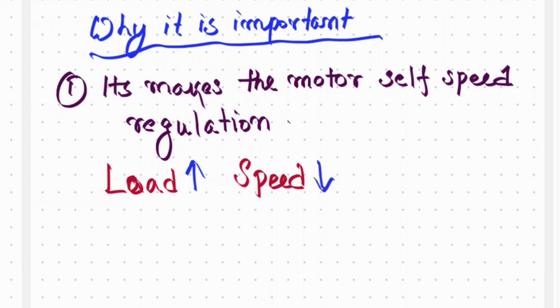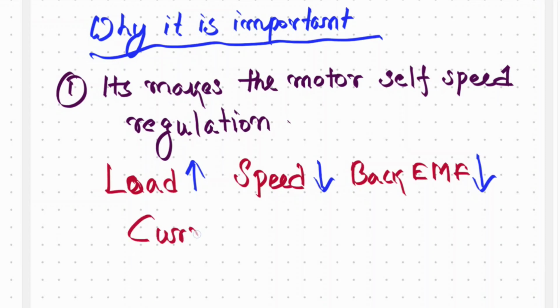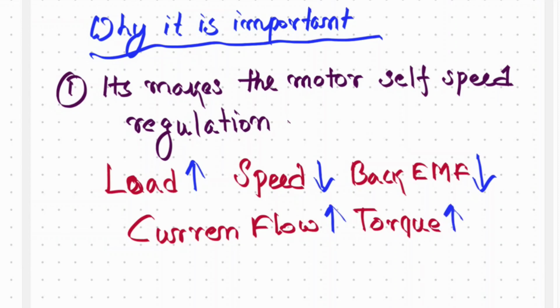When the speed decreases, the back EMF also decreases. If the back EMF decreases, then the current flow increases. If the current increases, the torque will also increase. If the torque increases, the speed recovers.